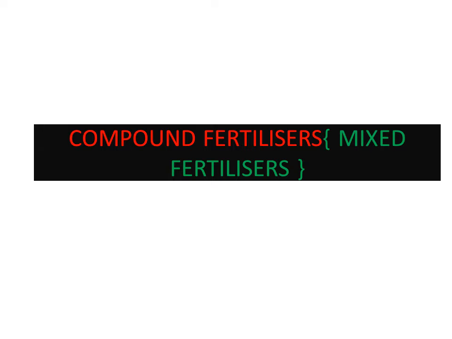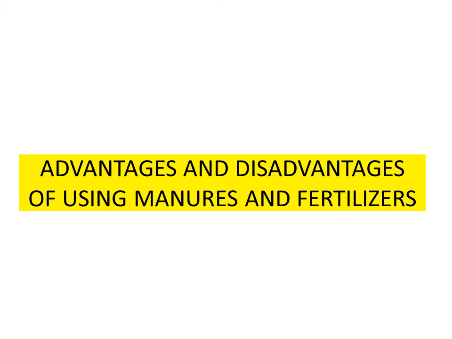Pupils, now we want to see the advantages and the disadvantages of using manures and fertilizers. Pupils, as all of you know, everything which has advantages has its disadvantages as well.